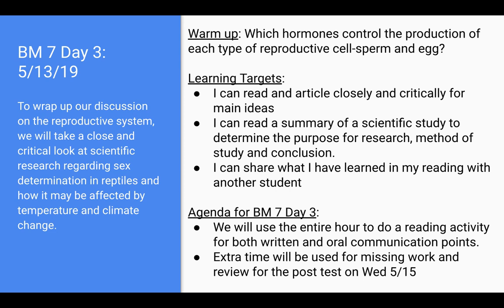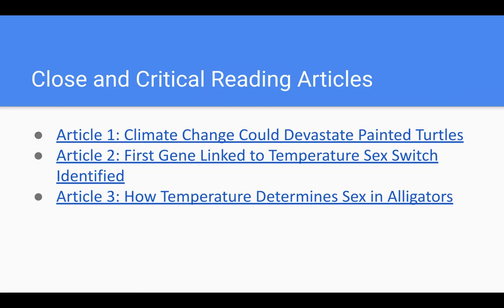You are going to look at some scientific research that says that sex determination in reptiles may be affected by temperature and climate change. Very interesting. So what they're saying is the temperature outside can have an effect on the eggs either developing into male or female reptiles. And this is affecting turtles in Michigan right now.